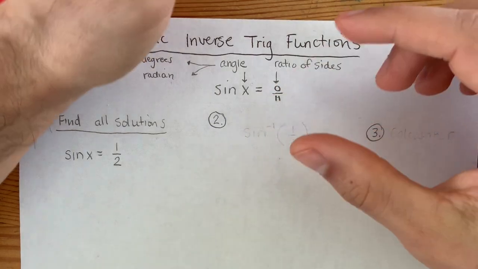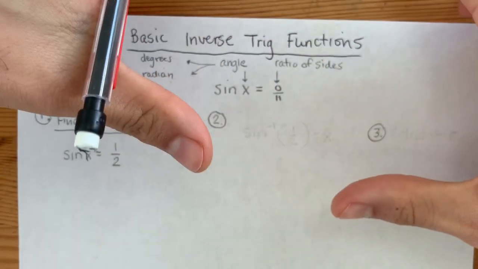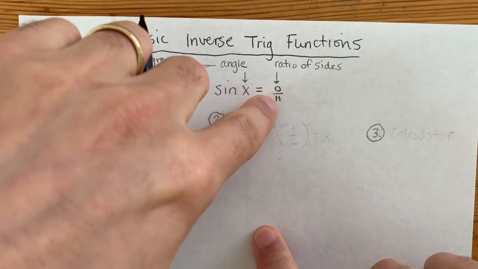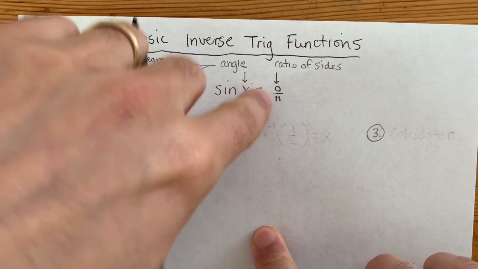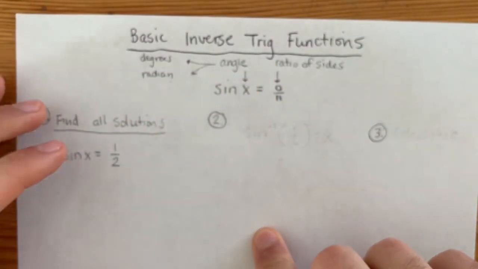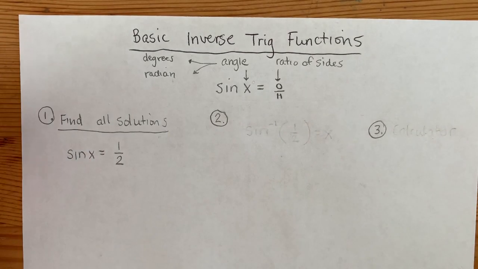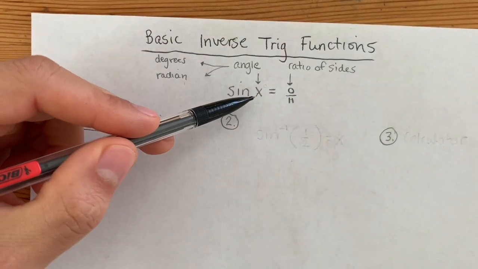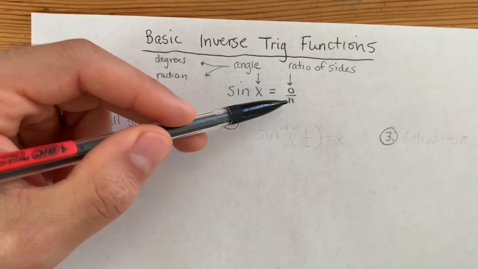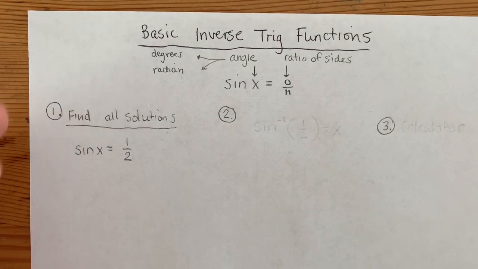So it doesn't matter if you're dealing with a really tiny triangle or a really big triangle, for whatever angle, the opposite over hypotenuse ratio will reduce to the same amount every time. Okay, so this is the main idea of what trigonometry is all about: inputting an angle, outputting the ratio of the sides of the triangle.